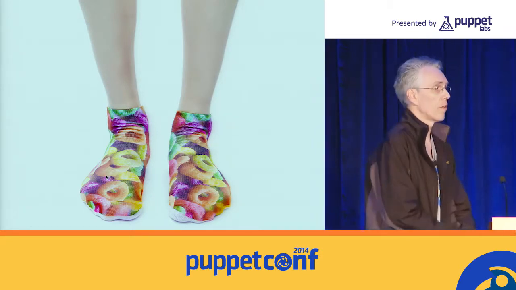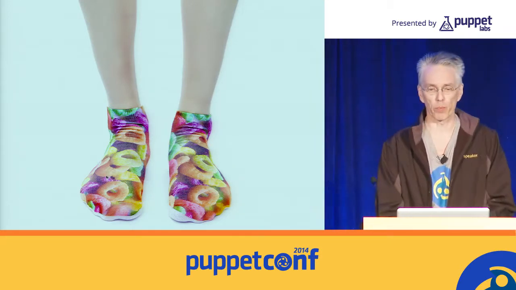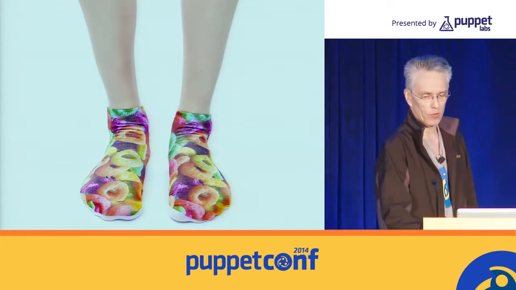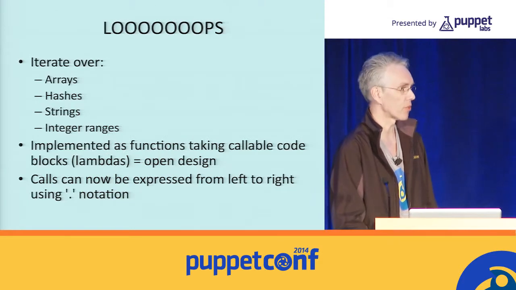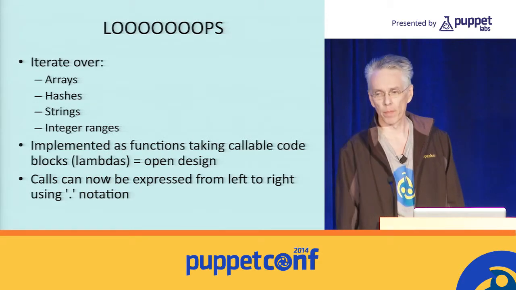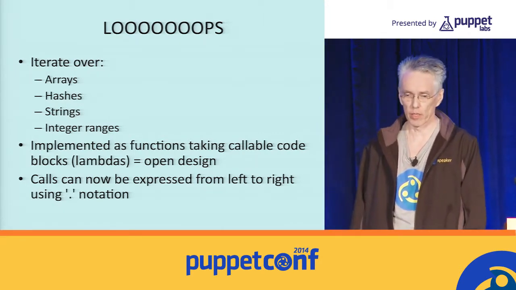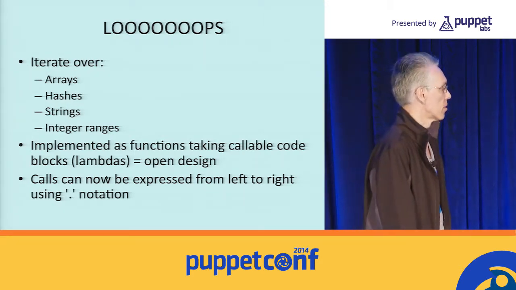All right. Next thing, if you've been following what we've been doing with the future parser, this won't rock your socks off. Of course, I'm talking about loops, iterations. You've probably seen examples. What you can now do is iterate over arrays, hashes, strings, and integer ranges.